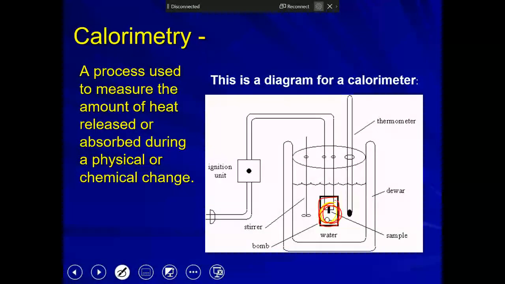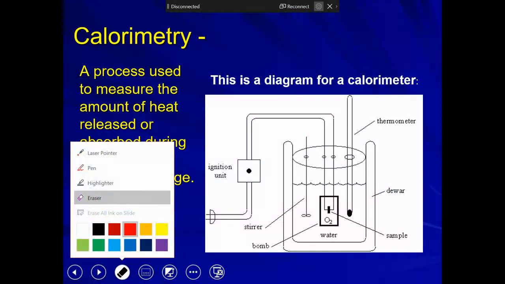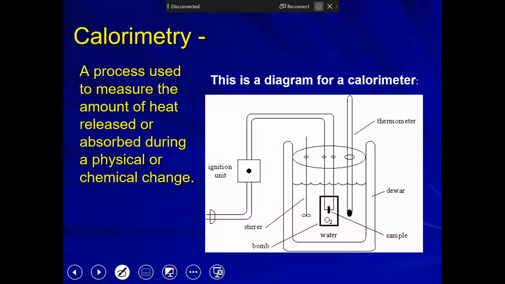This container right here is where you would put some sort of sample that through this external ignition unit, they would start combustion, okay?